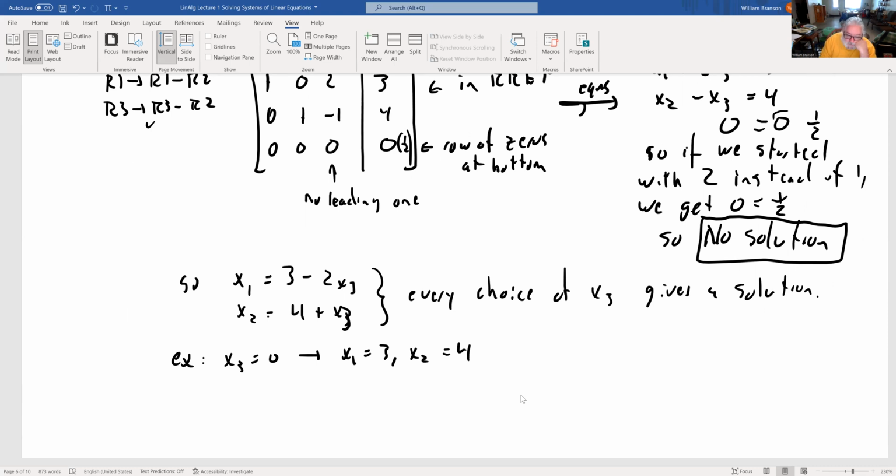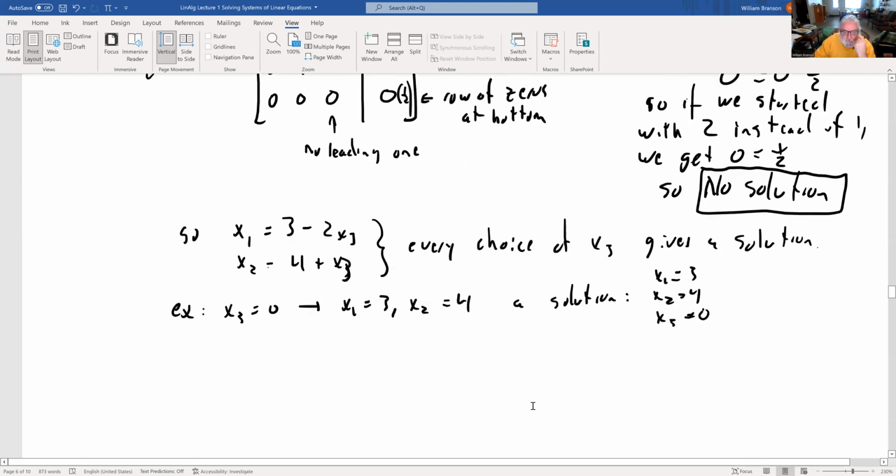And so a solution is x1 equals 3, x2 equals 4, x3 equals 0. So a solution means that we have to give a number to each one of the variables.